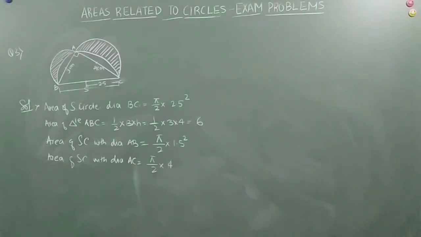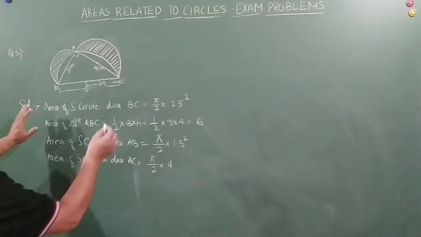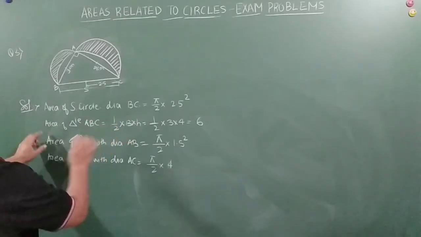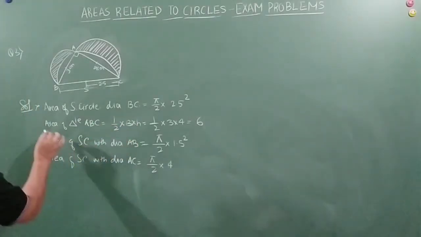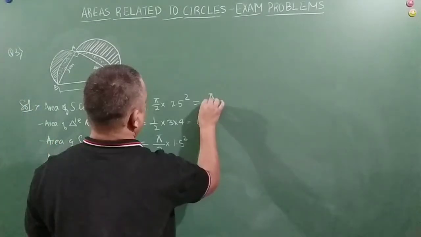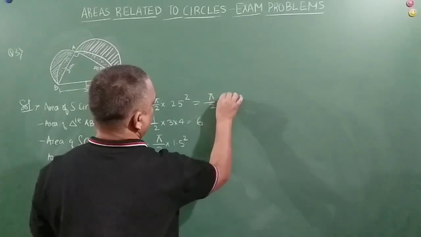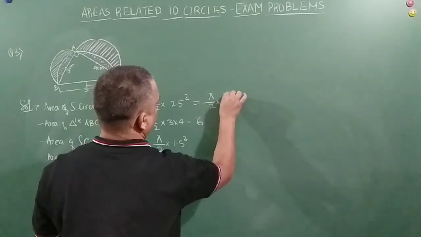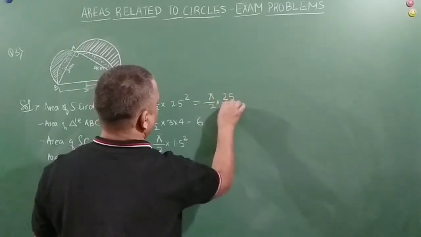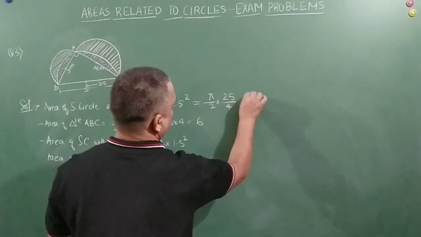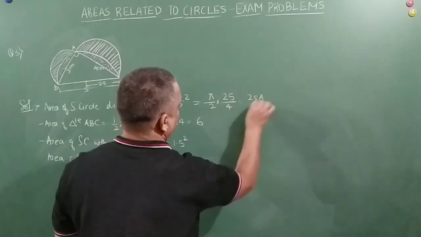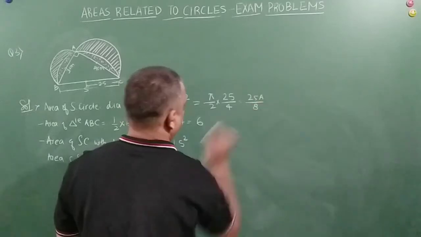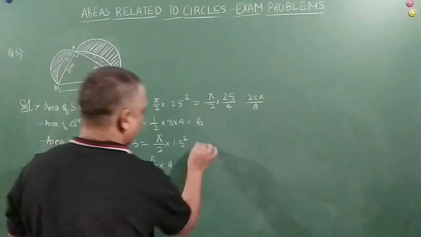So area of the dotted region. First of all, what I am going to do, friends, is add all these three. Pi by 2 into, can we write it as 5 square, 25 by 4, that is equal to 25 pi by 8. Absolutely no problem, I guess.